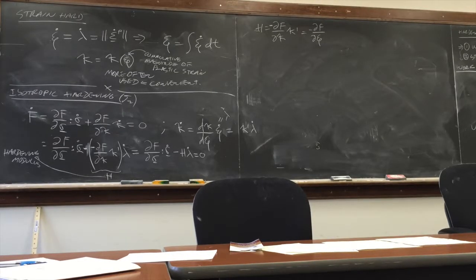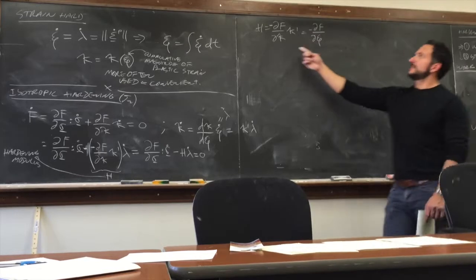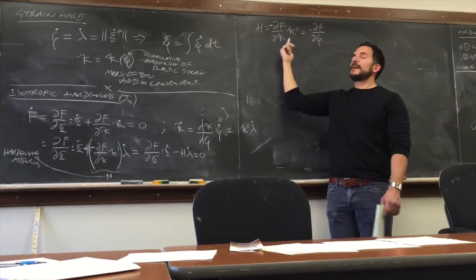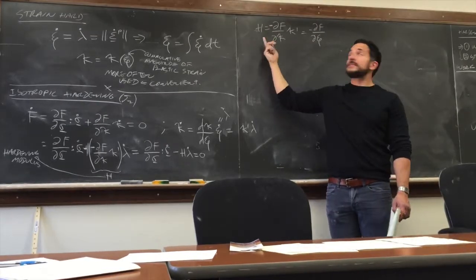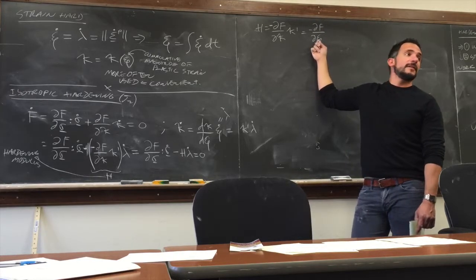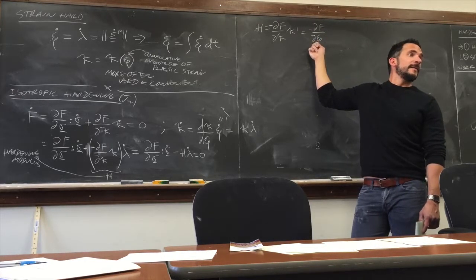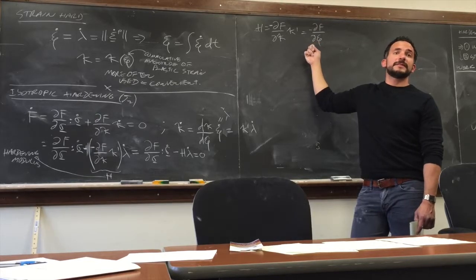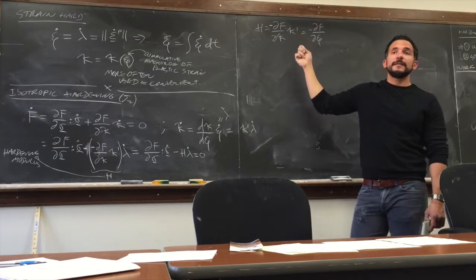If H is positive, we'll call it hardening. If it's negative, we'll call it softening. If it's 0, that means that F is not changing with plastic accumulation of strain, and then I must be in perfect plasticity. Okay?